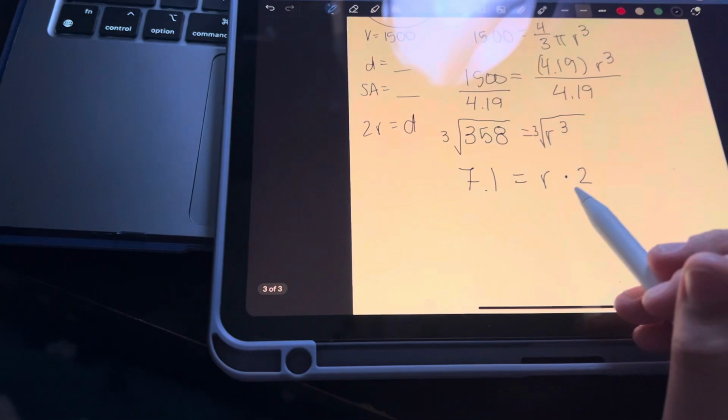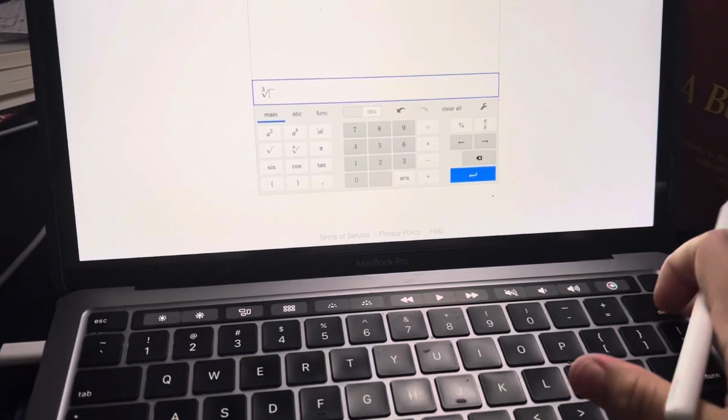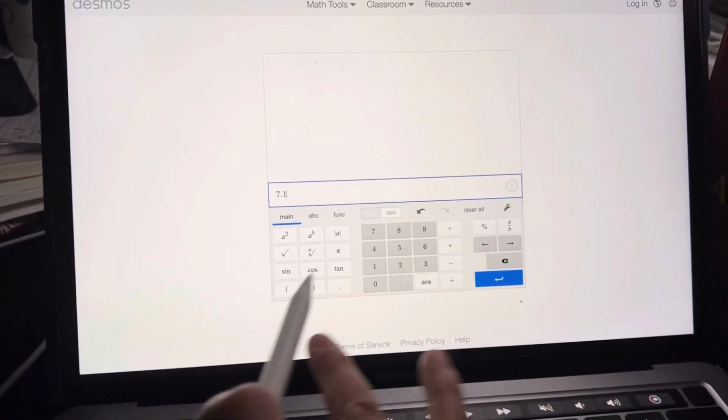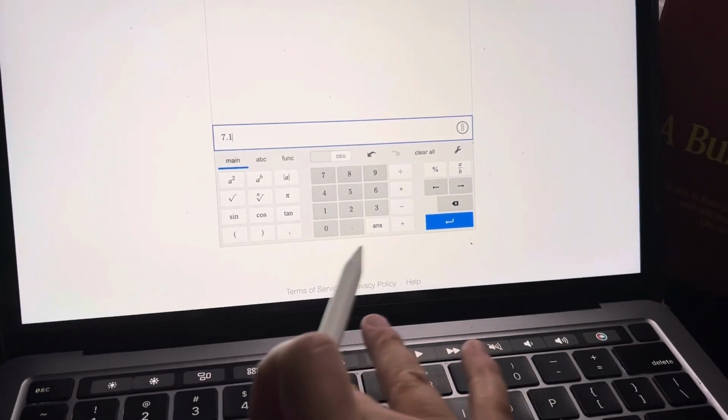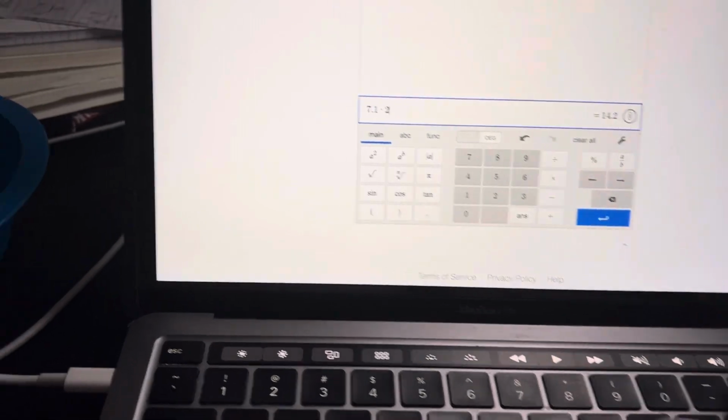So I'm just going to multiply that by 2, which I can do in my head, but I'm going to double check. So it would be 7.1 times 2, which is 14.2.